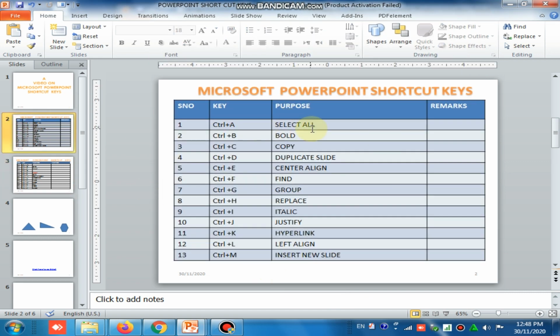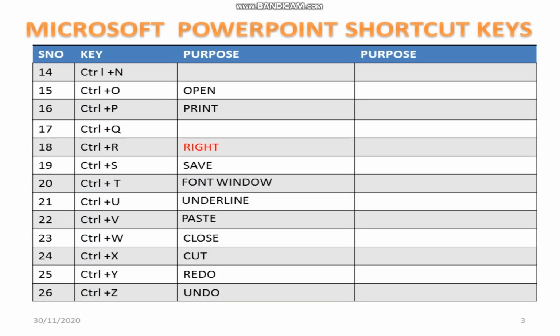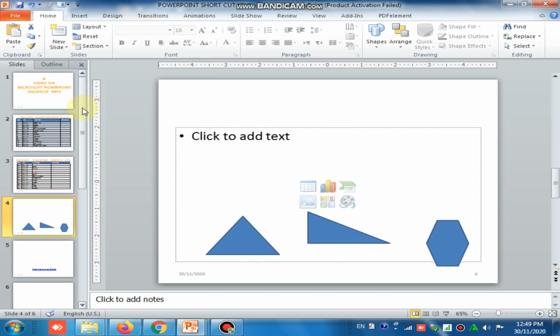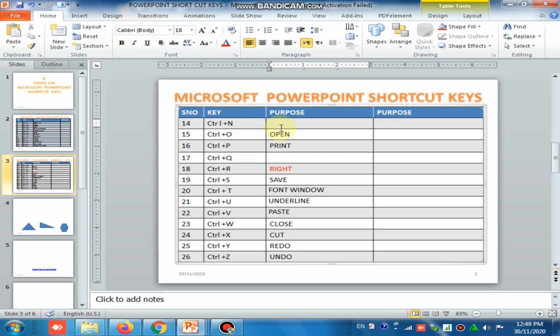Control plus A select all, B bold, C copy, D duplicate, E center, F find, G for group, H for replace, I for italic, J for justify, K for hyperlink, L for left alignment, M for insert new slide, Control plus N new. I forgot to type here, new, in capital letters.